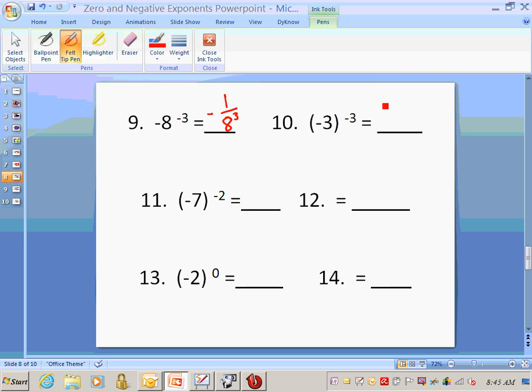This one's a tricky one. Negative 1 over something? 1 over what? We've got to leave this how it is. Negative 3. Change the exponent to positive.